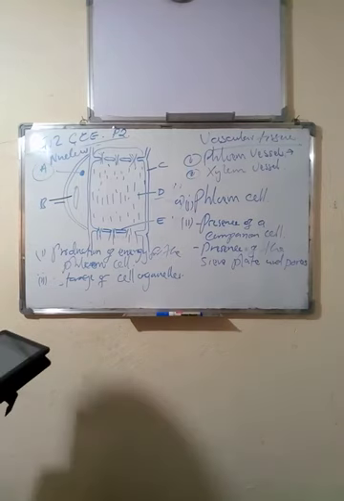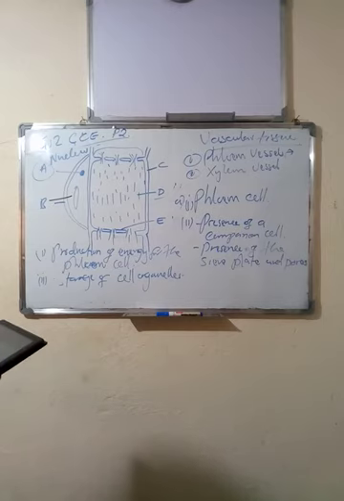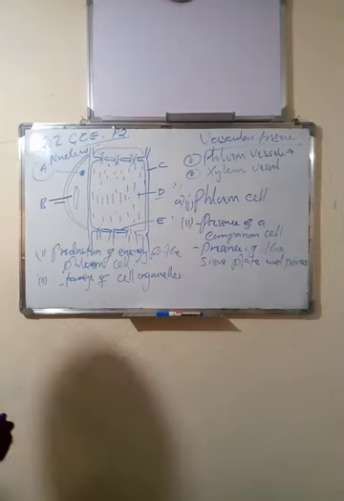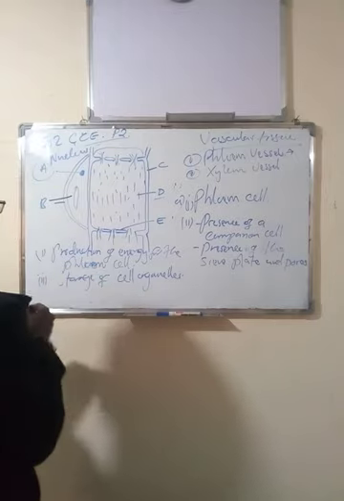And then question C says, with reference to the specialized cell in the diagram, name the process by which substances are transported in the specialized cell. Now remember the fact that we are saying that it needs energy, okay? This cell needs energy.